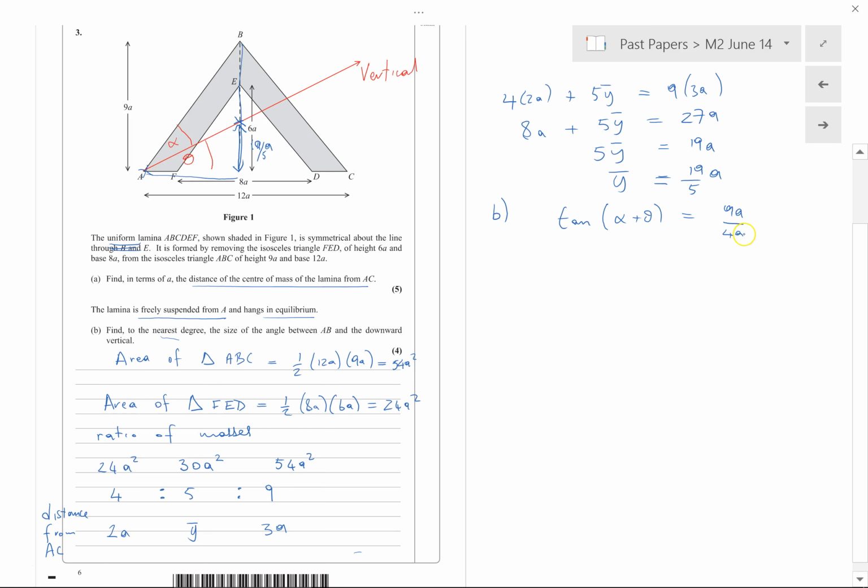So that's 9 over 4. So alpha plus theta, the whole of the angle that I've marked there, is going to be the inverse tan, or the arctan of that. So that equals 66 degrees.